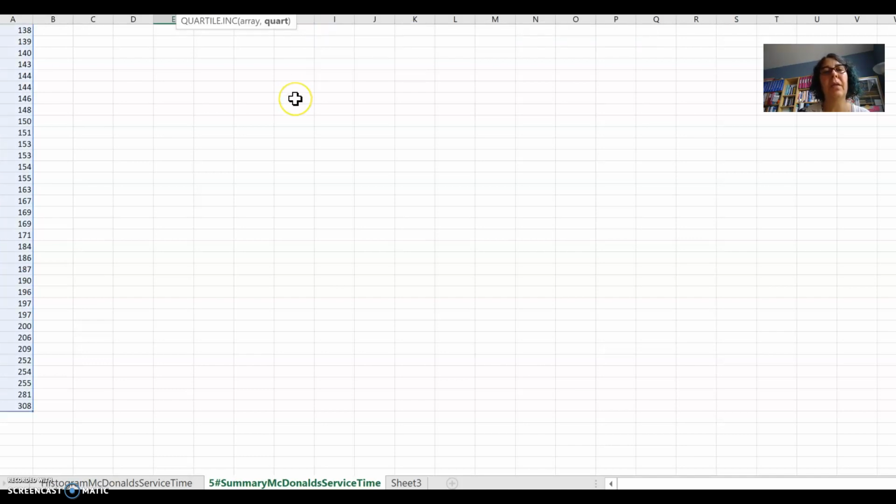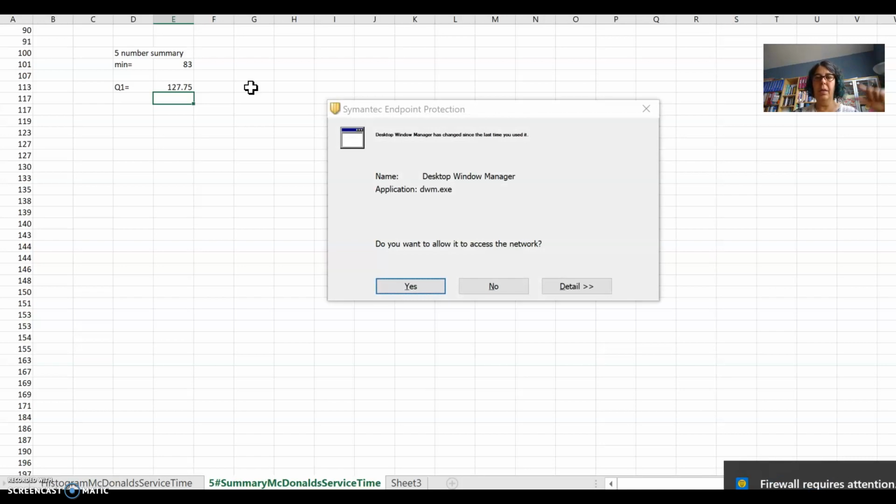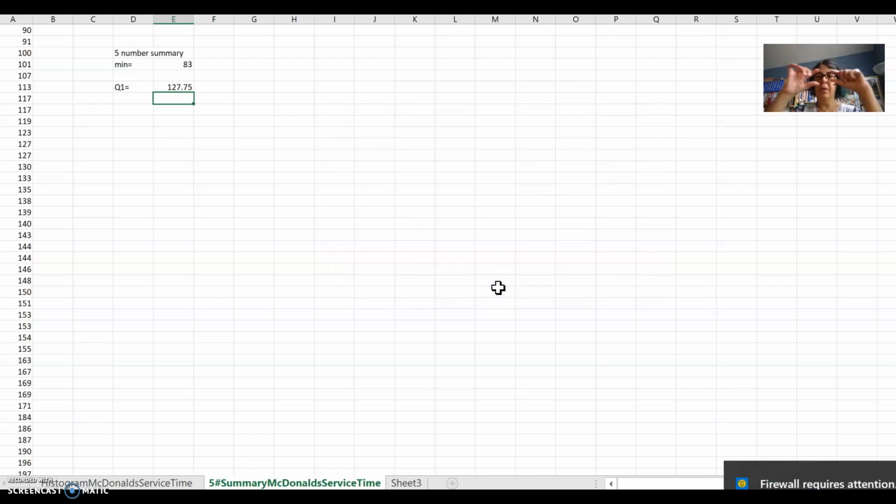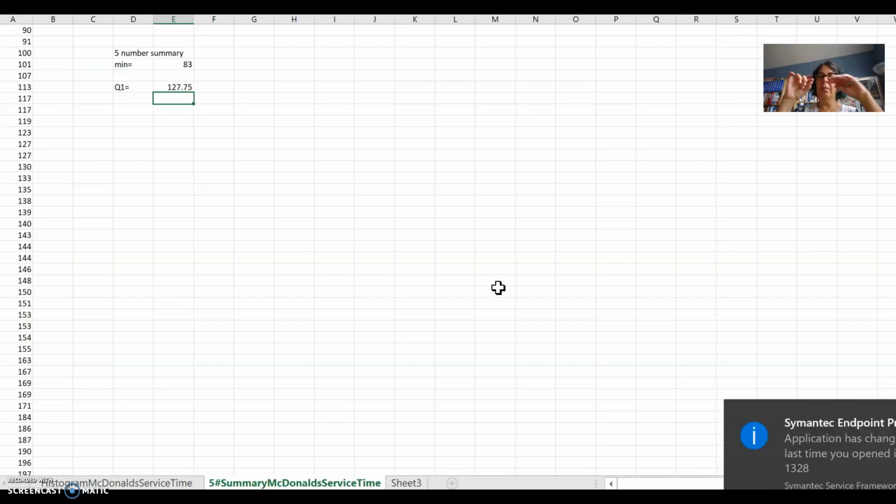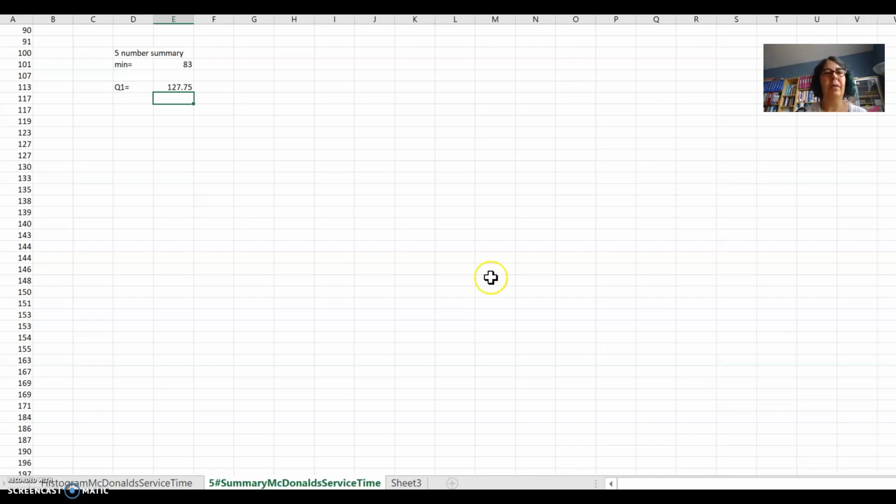Double click on it, and it should be there. Go up and put a parentheses. So that's the median of the lower half, which means that we put the data in order. We look at our median, and then on the lower 50%, we're looking for a median. That's quartile 1, Q1.